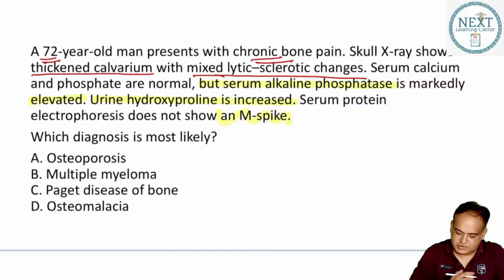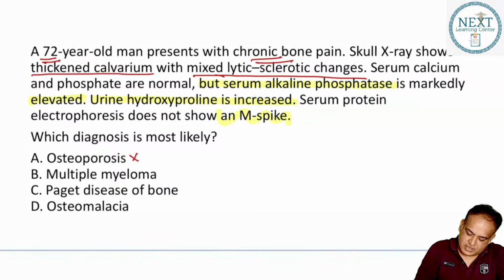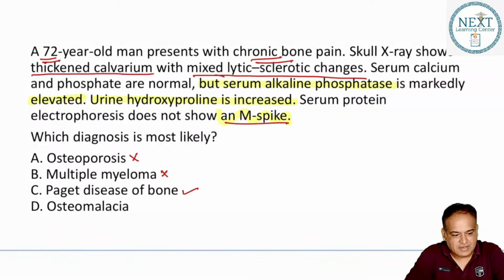Now, osteoporosis. In osteoporosis, alkaline phosphatase levels are normal. There is no M spike, so this is not multiple myeloma. What is this? This is Paget disease of the bone. Paget disease, 72 years of age.